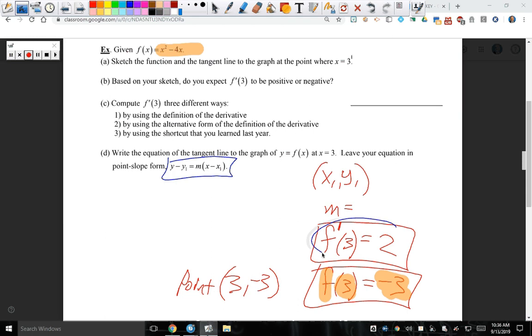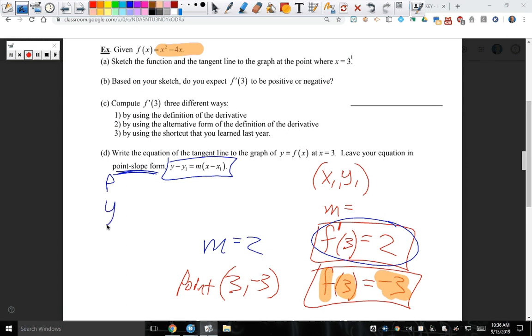The slope is 2, which in Algebra 2 and Algebra 1 we were used to seeing as m equals 2. So the point slope formula is the most important equation that you'll use in regards to tangents in that respect.